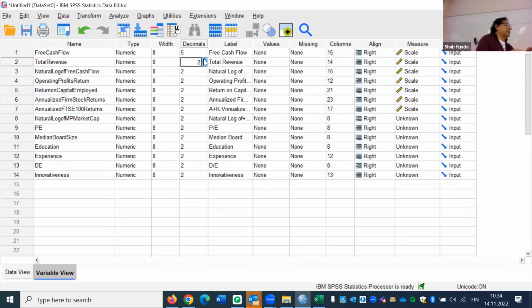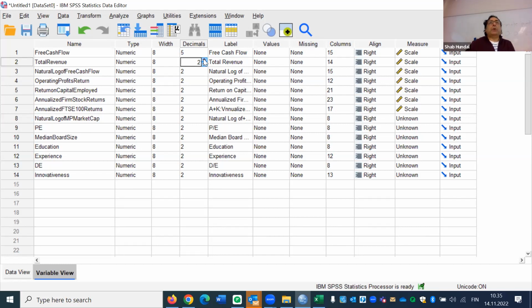The idea is that imagine if a number is 0.0067, and in fact all the numbers start from the third or fourth decimal point, and you have only 2 decimal points, then all of them will become zeros. And if everything becomes 0, there's no analysis. You get my point?